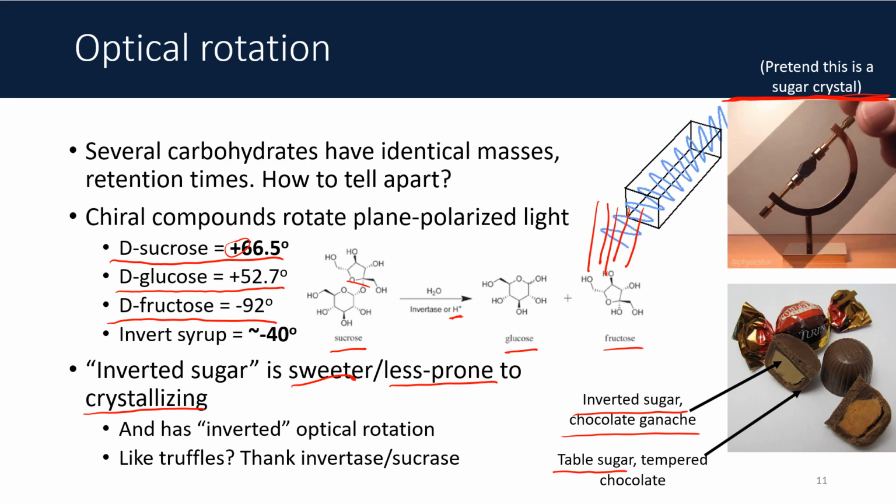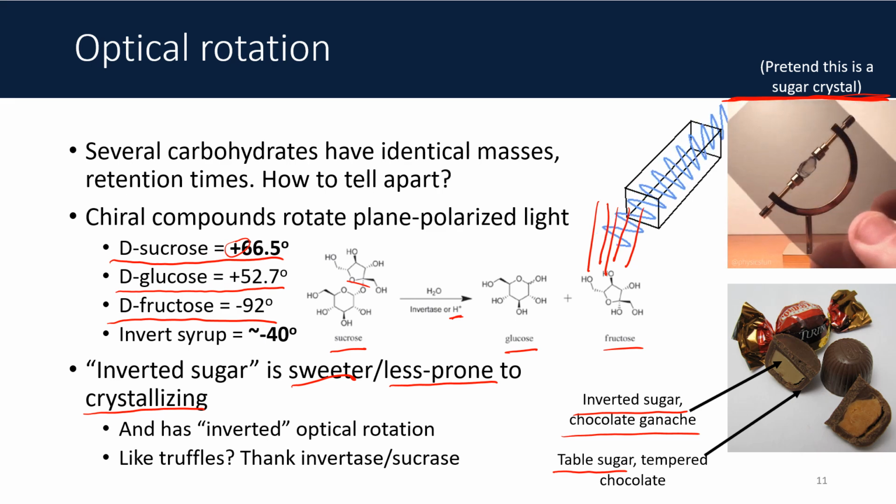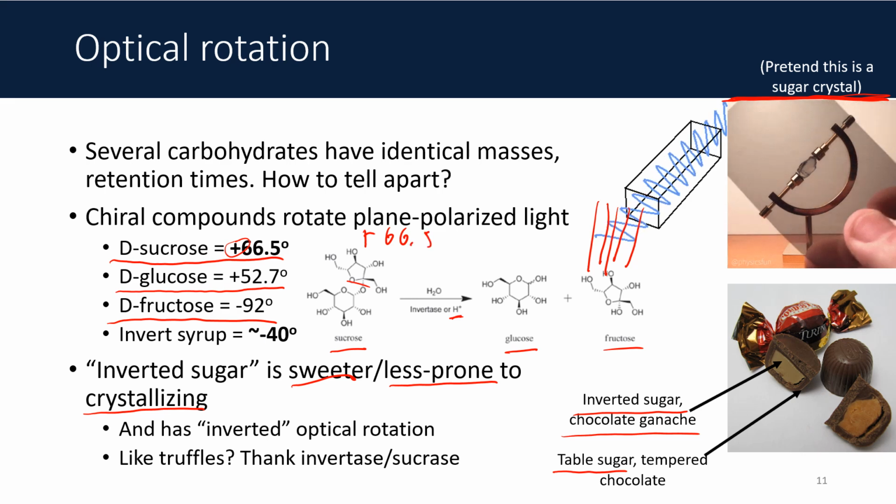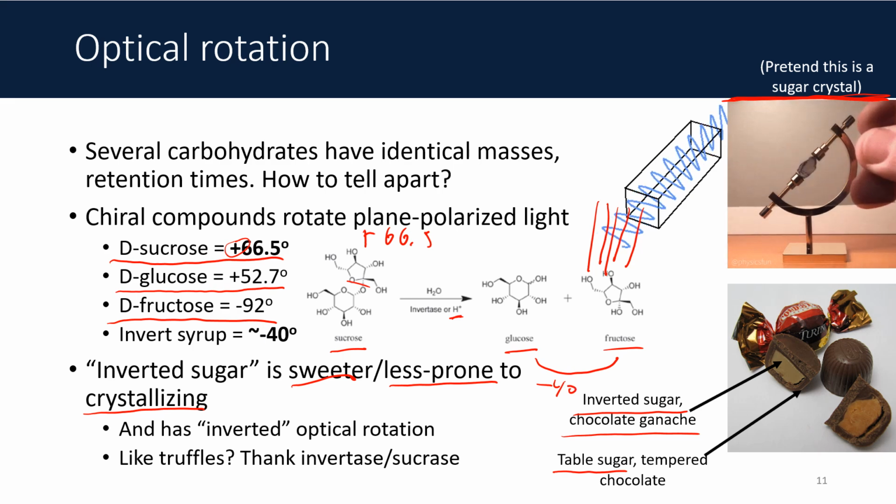And so you might be wondering, why do they call this mixture invert syrup? Well, it has to do with optical rotation. Remember that sucrose optically rotates positive 66.5 degrees. Invert syrup inverts that sign.